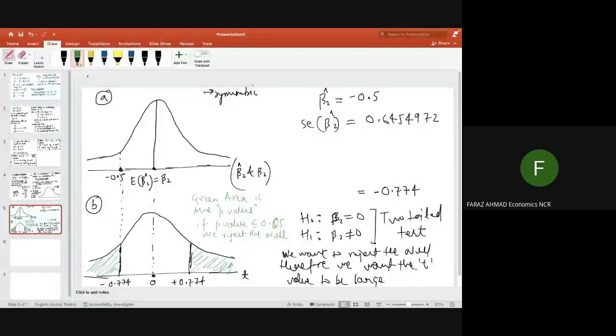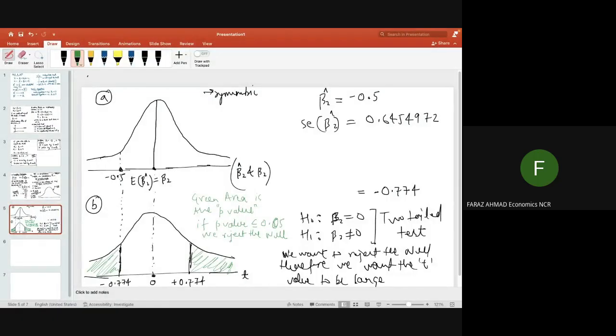Because we want to decrease the p-value, because the rule is that the p-value should be less than 5% to reject the null. And if we want less area under the curve in the tails, we want our p-value to be low, and then we are going to reject the null, and then we will be happy to establish a relationship between x and y. So that's the whole idea of having a low p-value.